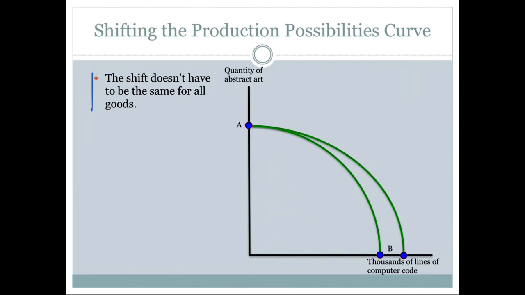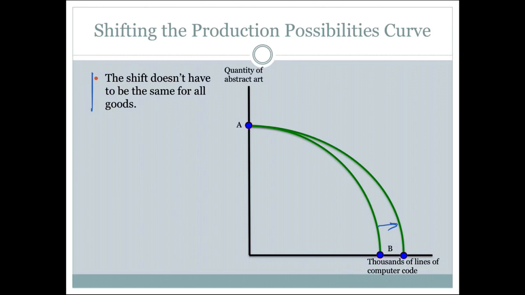So in this graph here, we show a shift out. The PPC curve shifts out. We do get an increase of the amount of stuff we can produce, but it's largely due to some innovation that affected our ability to write computer code and not our ability to make abstract art. So the curve won't always shift out in a uniform fashion.